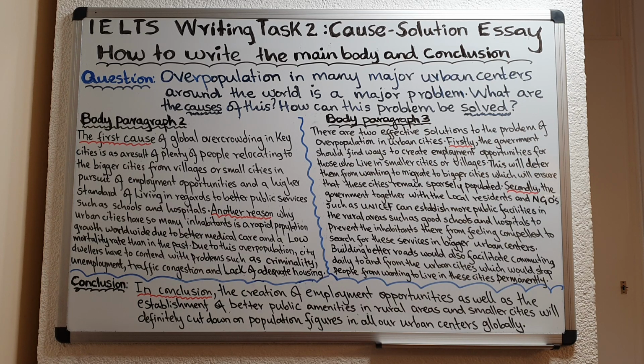Writing Task 2. Now, you want to score a Band 9, then you have to ensure that your task response is well covered, meaning that you respond to all the parts of the question. You have to address all the parts of the question. All the issues in the essay questions are well answered, okay?